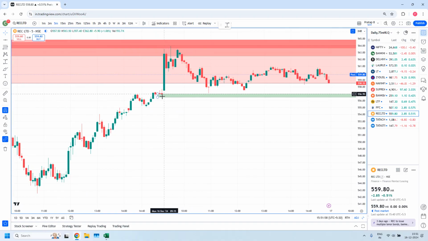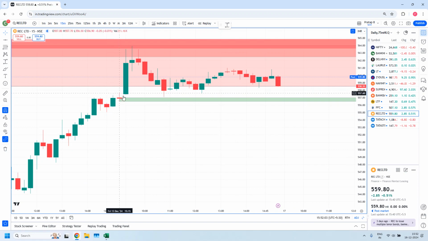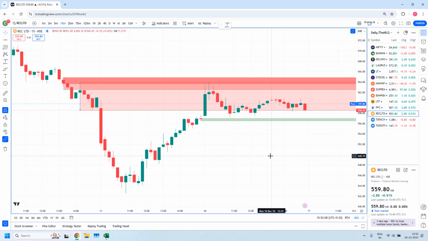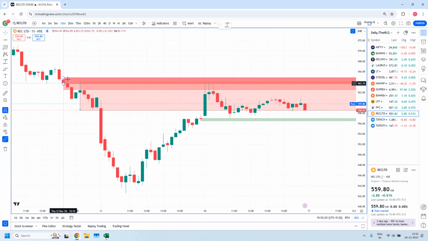And it pushed the prices until the 15 minutes target zone. Here we have a 15 minutes target zone, rally base rally, and it reached the zone. And how much profit has REC Limited given? This is an LTF zone acting as a horizon to the HTF, and it is also a fine-tuned zone, because the 75 has a 15 minutes fine-tuned zone at the distal line, and also a 5 minutes fine-tuned zone at the distal line, and the fine-tuned 5-minute zone is acting as a horizon to this entire 75 minutes high liquidity supply zone.